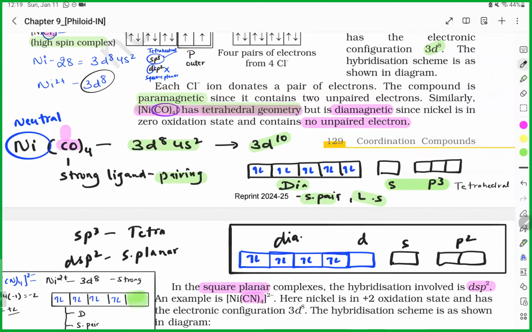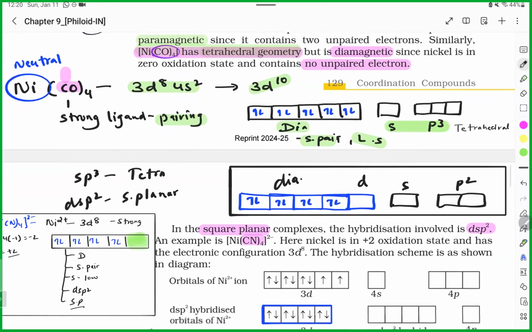So there is a high chance a question will be asked on this electronic configuration, nickel tetracarbonyl. Got it? And remember here, nickel does not have any charge. That's why it is possible.